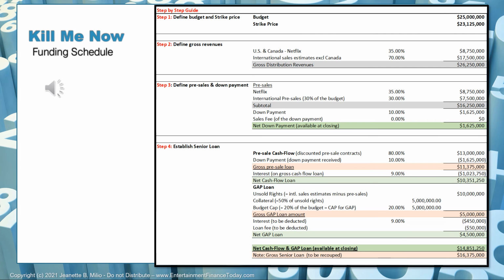So altogether, we're hoping to make $26,250,000 with the movie. So let's start with the pre-sale loan and see how far we get when we do a senior loan.